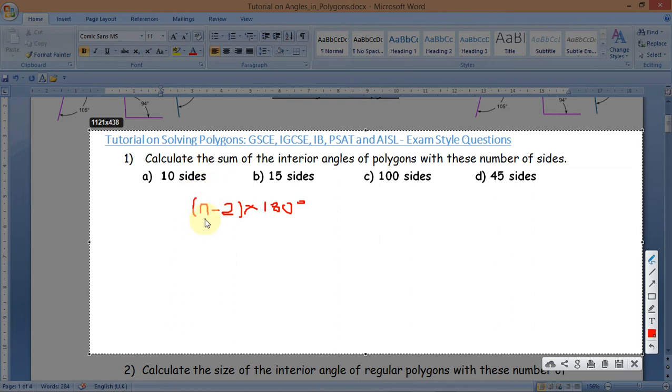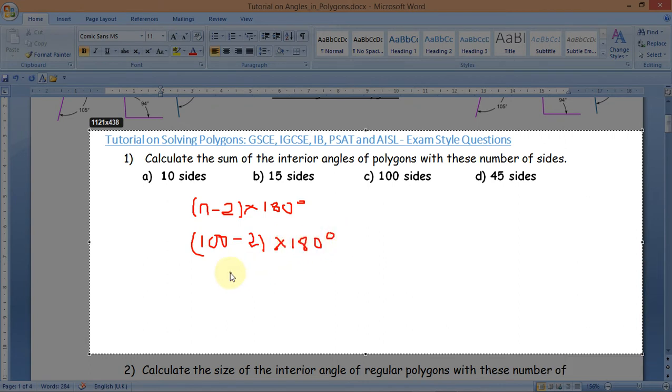So the sum of interior angles for a polygon with 100 sides, n is 100, will be 100 minus 2 times 180 degrees. So that will be 98 times 180 degrees. You can take your calculator now to complete the task.